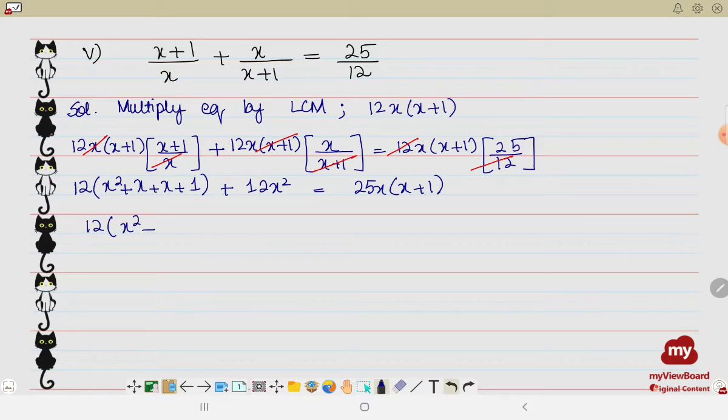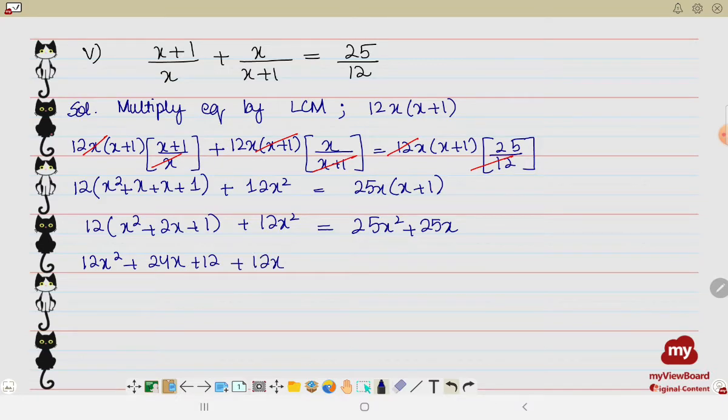It will become x squared plus 2x plus 1 plus 12x squared. On the right hand side we open up the bracket: 25x squared plus 25x. On the left hand side: 12x squared plus 24x plus 12 plus 12x squared.